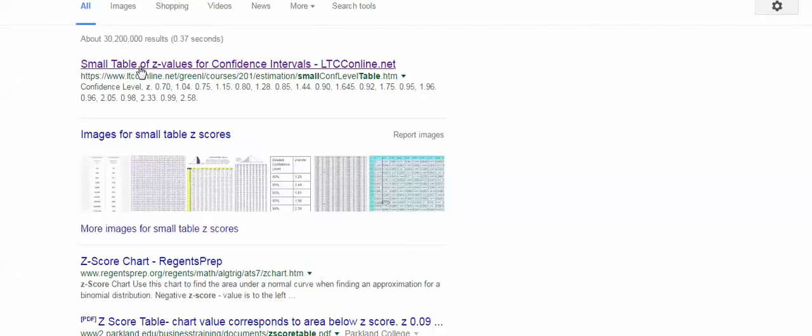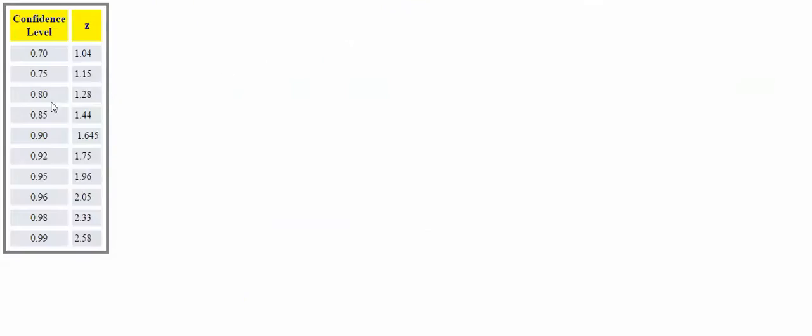Type in small table of z-values for confidence intervals into Google, and it'll give you the table of confidence coefficients. And I have to decide what margin of error I want to calculate. I have to decide if I want the 90% margin of error, or if I want the 92 or the 95% margin of error. These are all of my choices.